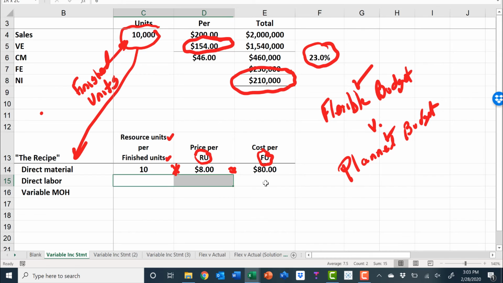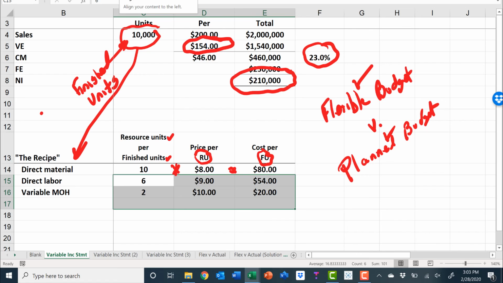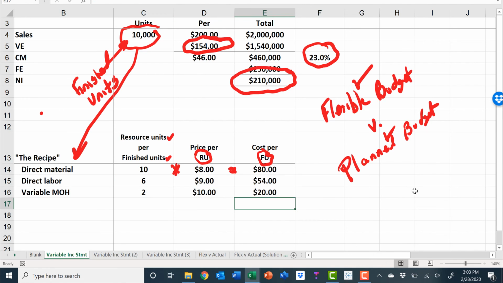Also in the problem, you get the information for labor and overhead, and as a result, when I add those up, I get a total cost of $154.